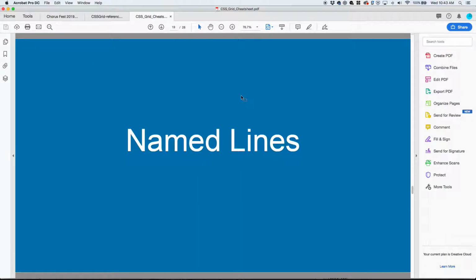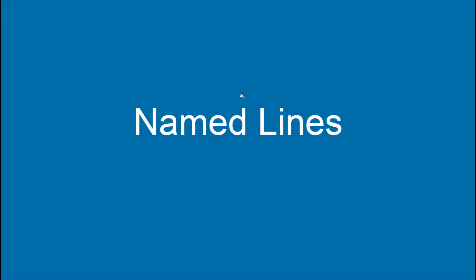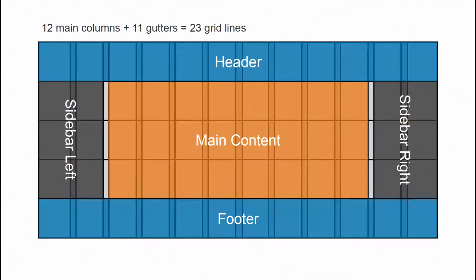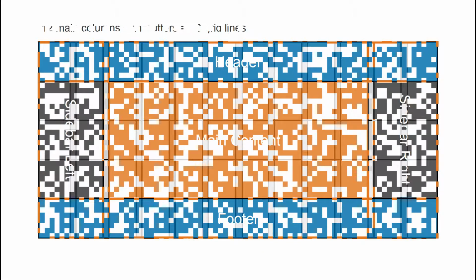The next thing we can do, we can actually name our lines instead of saying grid columns 2/3 or grid rows 2/4. We can kind of set up our grid. We can define the header, we can define sidebars in this example, the main content, and the footer. And those are going to be denoted by the lines there.